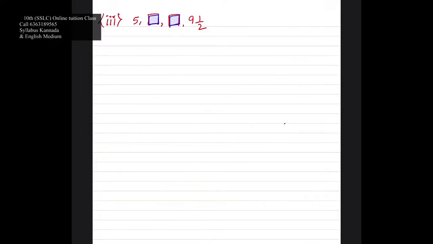So students, here 5, box, comma, 9 by 2 is given for the AP. So first term A1 equals a, which is 5, and the fourth term is given, that is A4 equals 19 by 2.